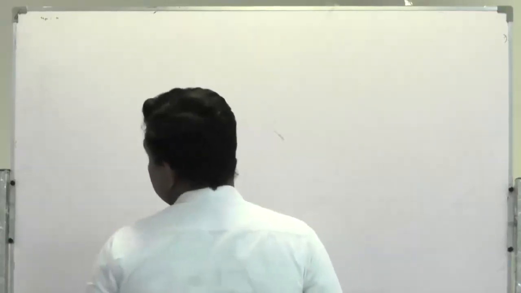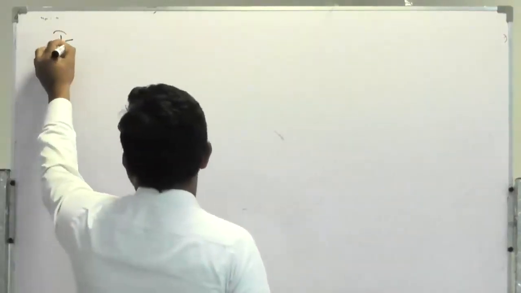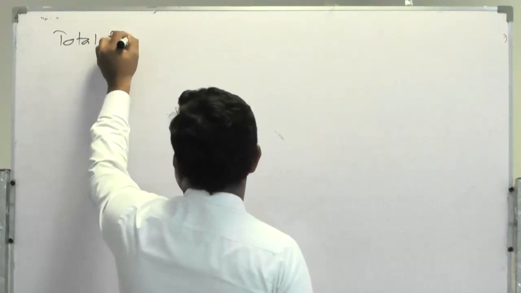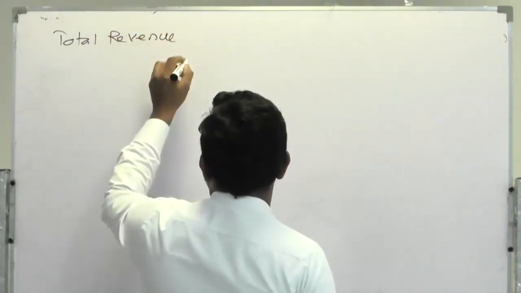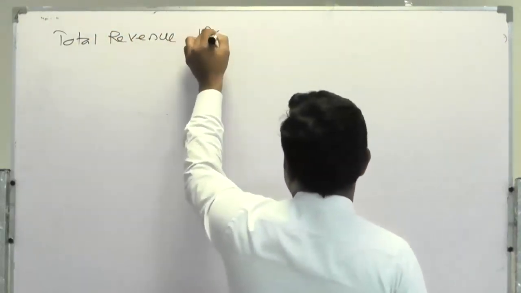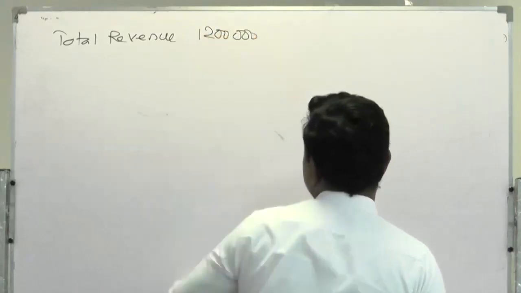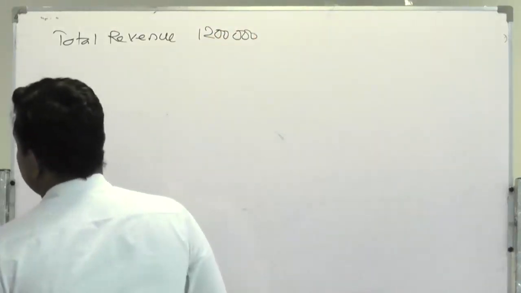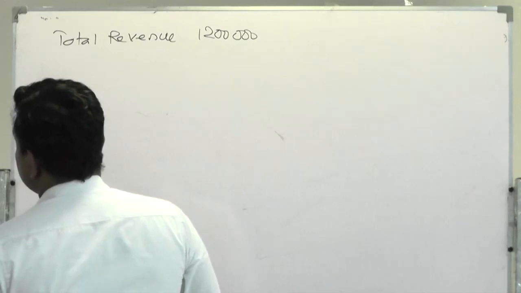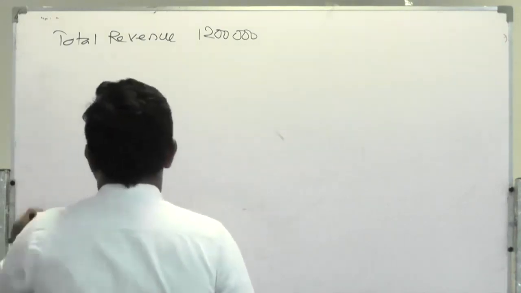The total revenue according to the question is 1.2 million rupees, right? Number of units is 100 units.